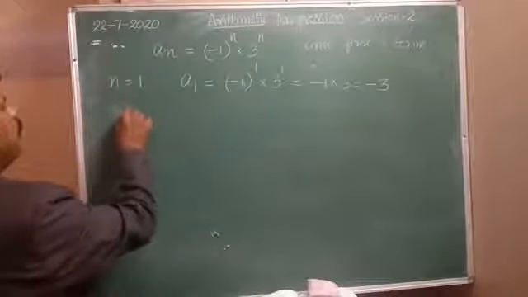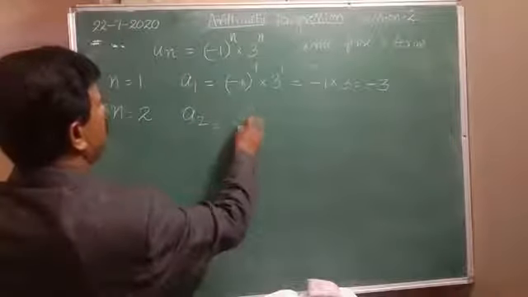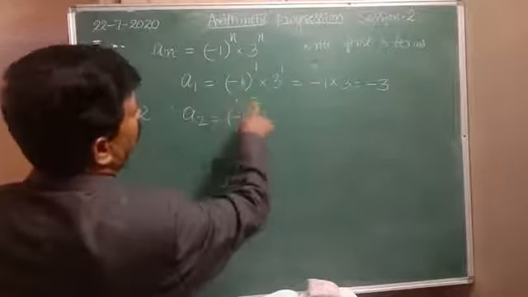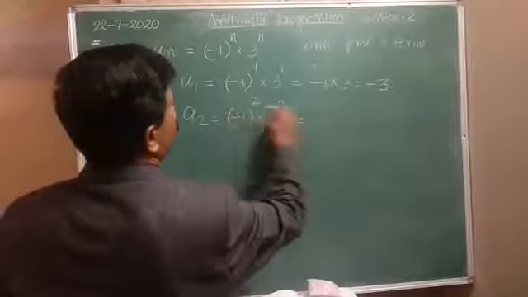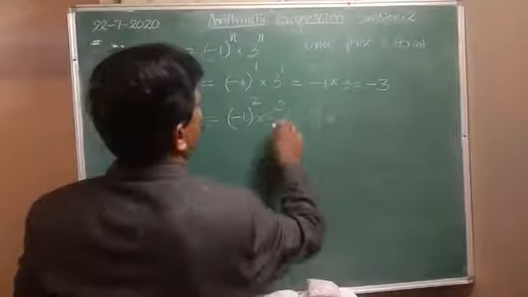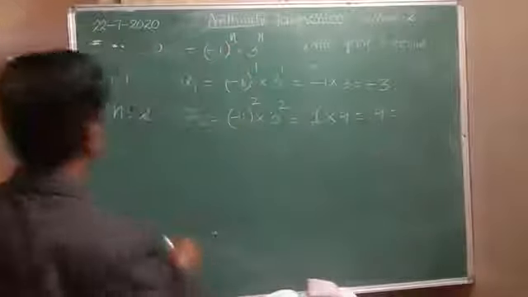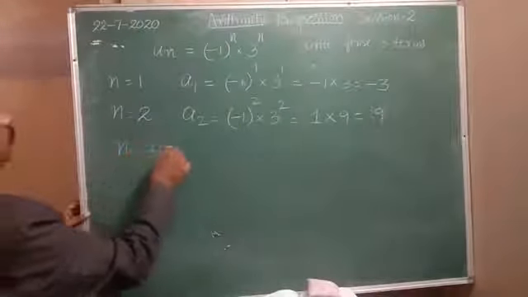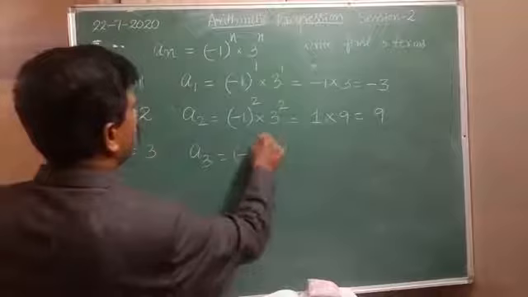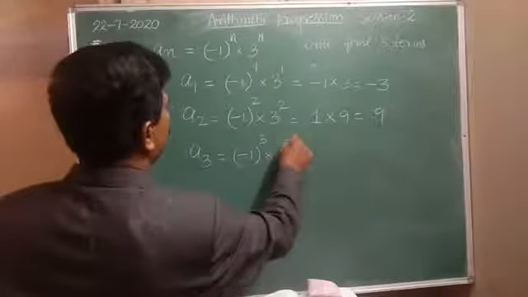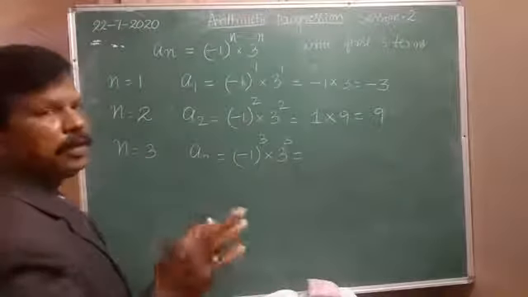Then n is equal to 2. Then a2 equals (minus 1) to the power of 2, with n as 2, into 3 to the power of 2, equals minus 1 squared, which means plus 1, into 3 squared, which is 9. 9 ones are 9. Then n is equal to 3: a3 equals (minus 1) to the power of 3 into 3 cubed. When I multiply minus 1 three times, we will get minus only.